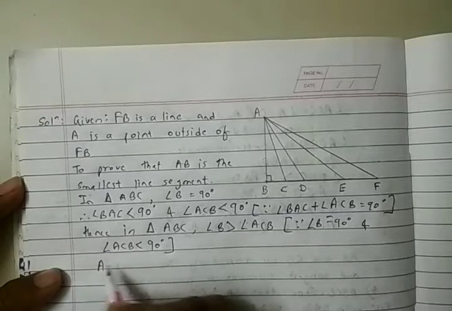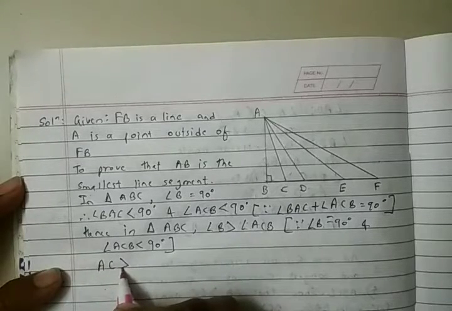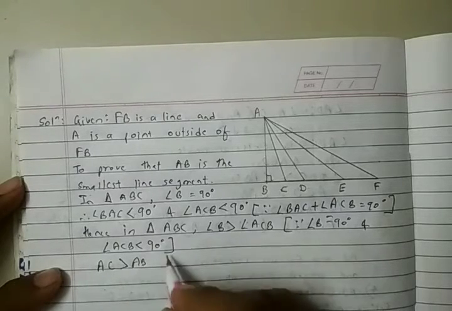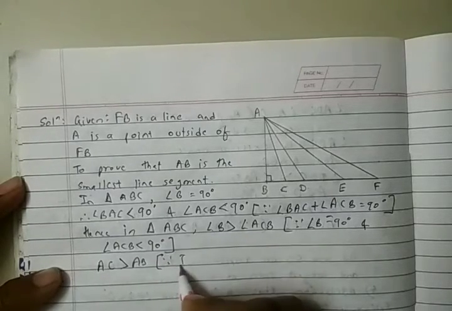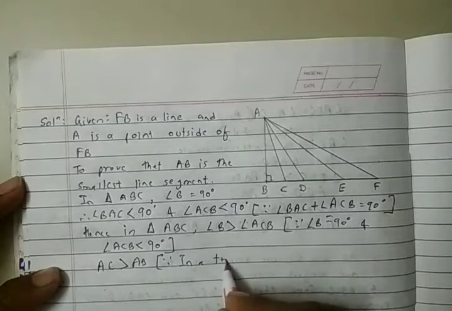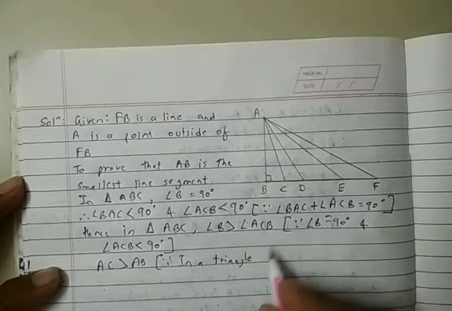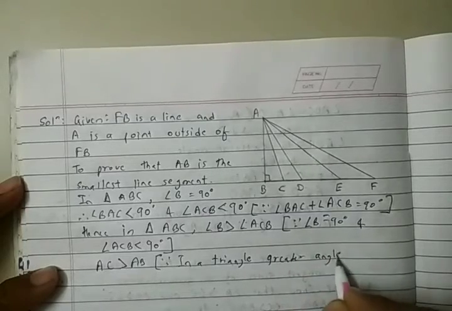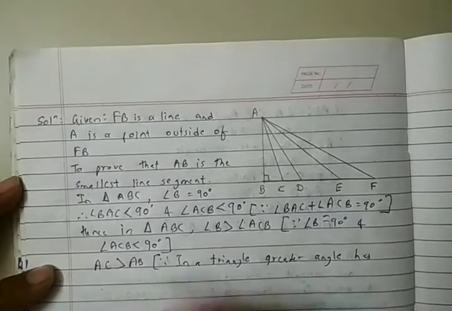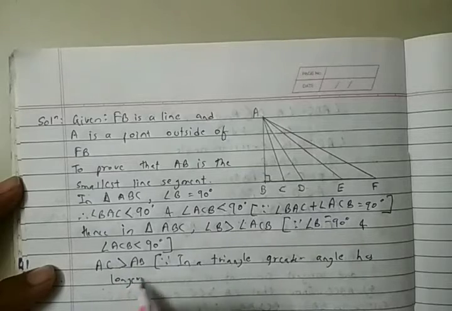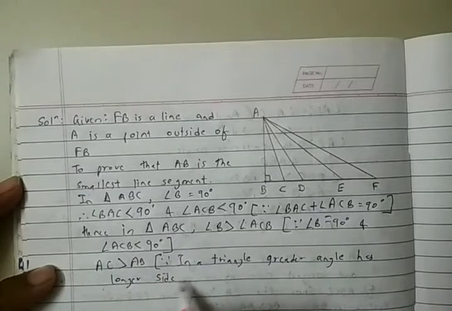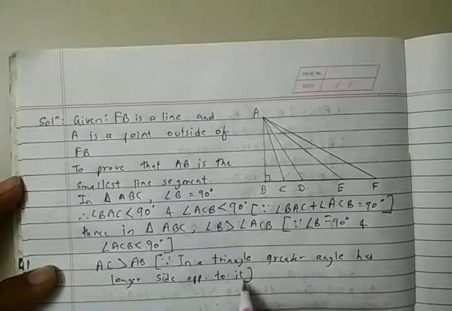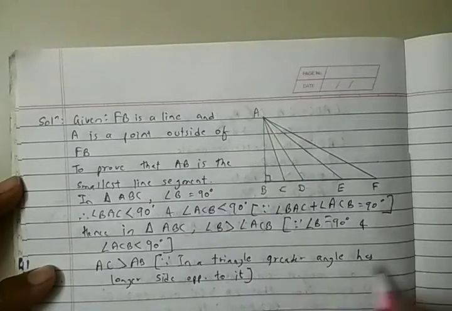So now AC is greater than AB. It is proved. How can we prove this? Because in a triangle, the greater angle has the longer side opposite to it. Okay.